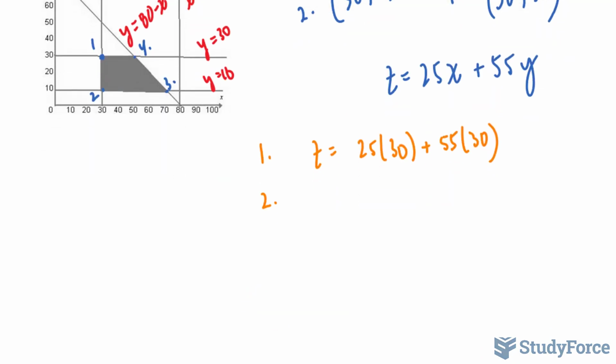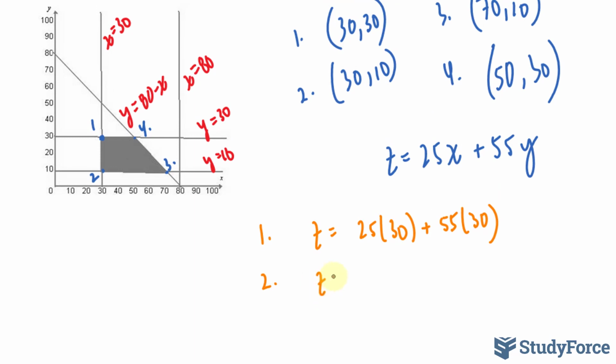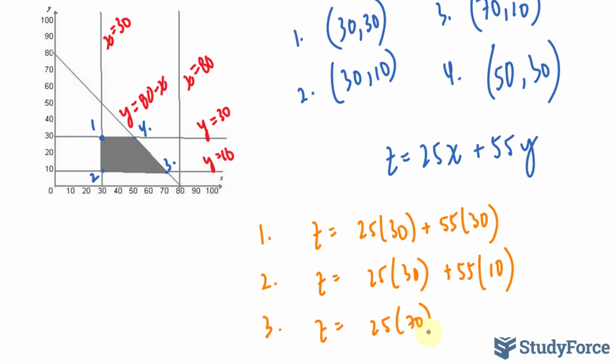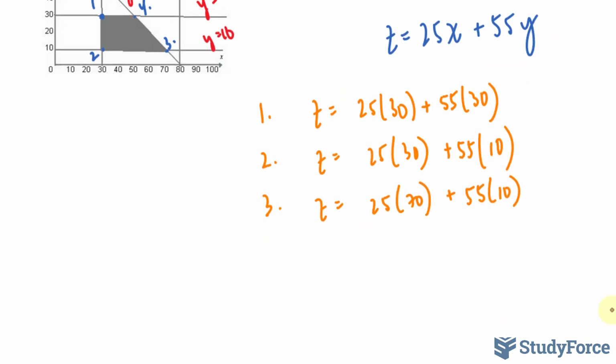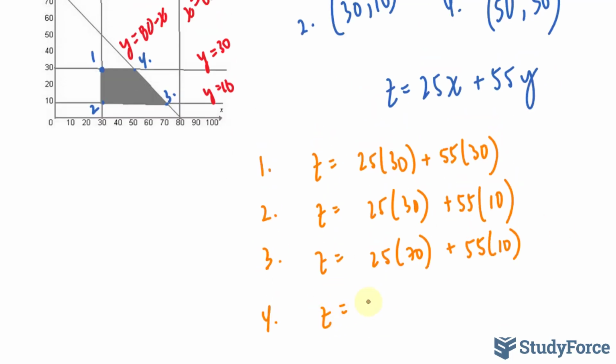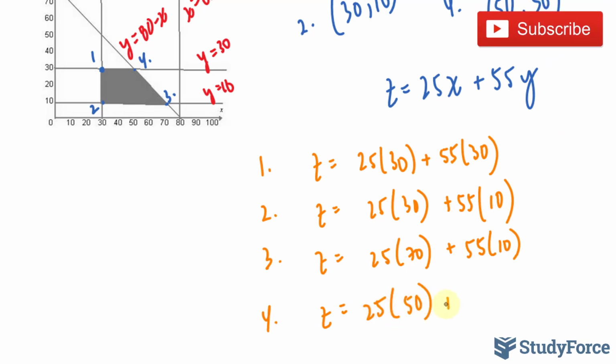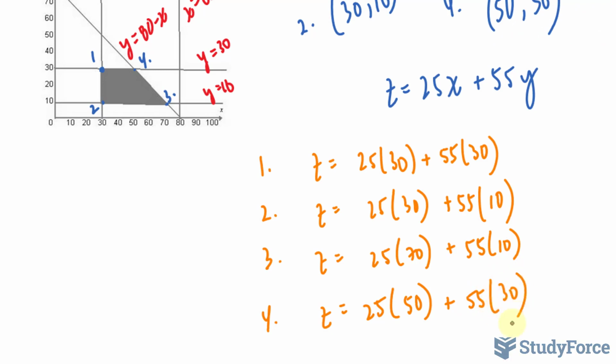Number 2 will be z is equal to 25 times 30 plus 55 times 10. 3 is z is equal to 25 times 70 plus 55 times 10. And finally, for our final point, z is equal to 25 times 50 plus 55 times 30.